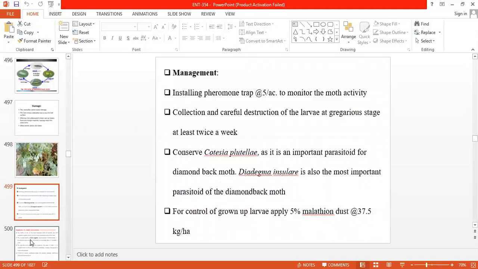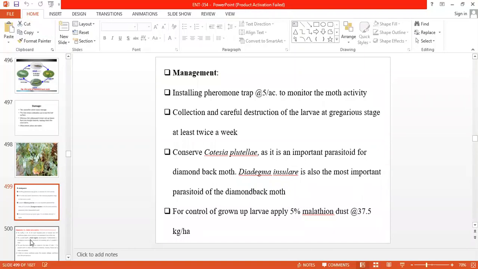Management practices: first, install pheromone traps, 5 traps per acre, to monitor the moth activity of that pest. Collect and carefully destroy the larvae at the gregarious stage at least twice a week. Conserve Potatia putuli, an important parasitoid of the diamondback moth.